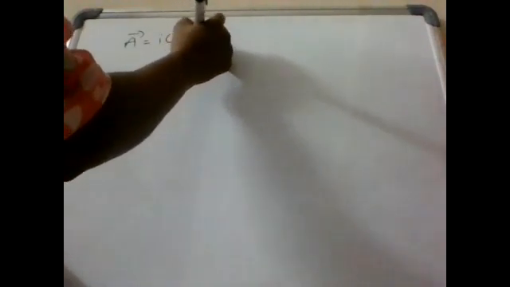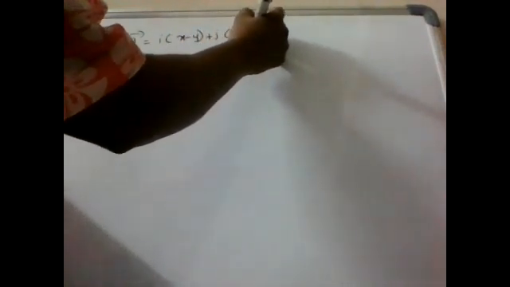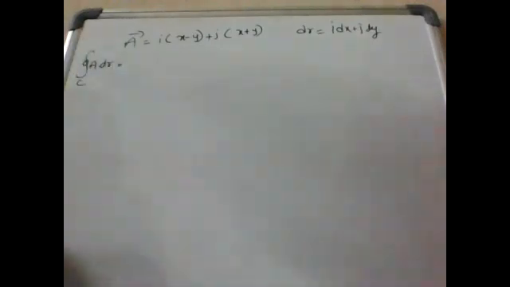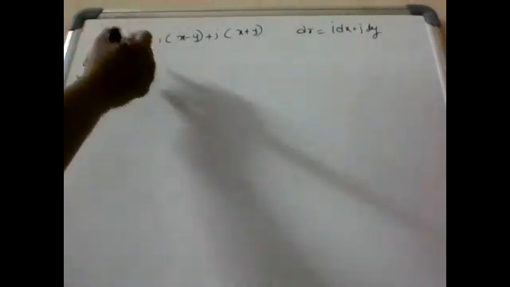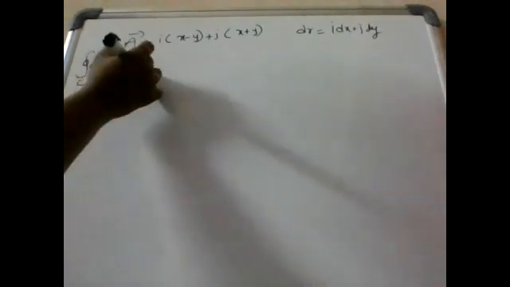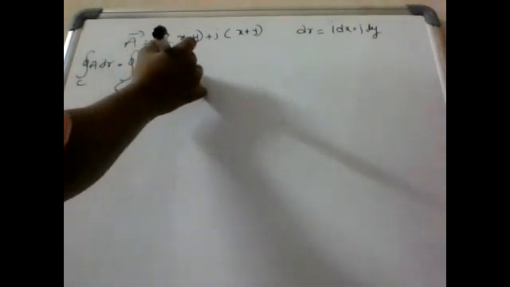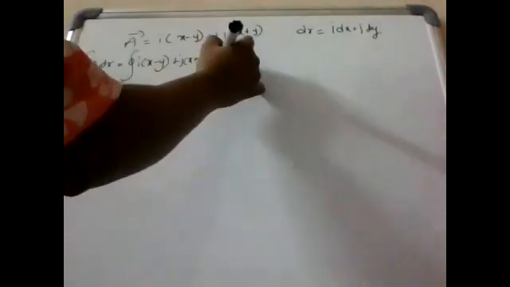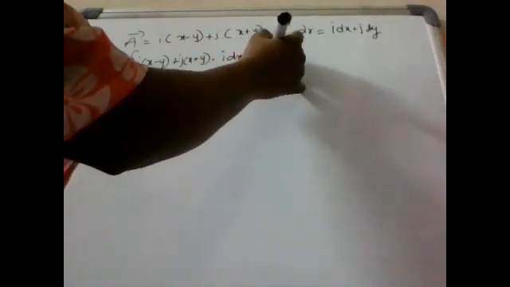So A bar equal to i into (x minus y) plus j into (x plus y), and dr equal to i into dx plus j into dy. Integration of A dot dr equal to, what is the A bar vector? i into (x minus y) plus j into (x plus y), into dr. What is dr? i dx plus j dy.